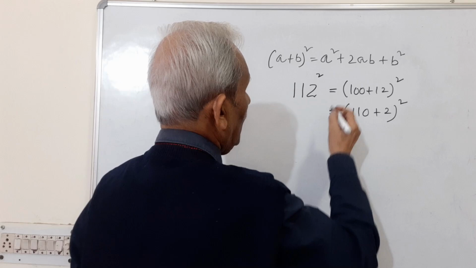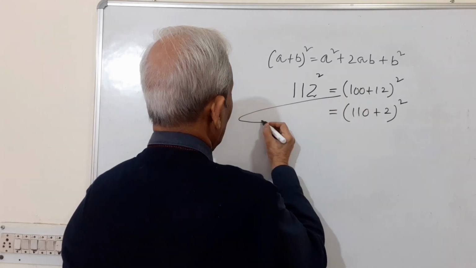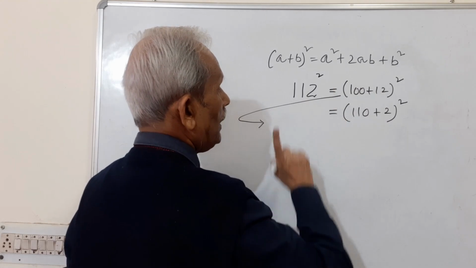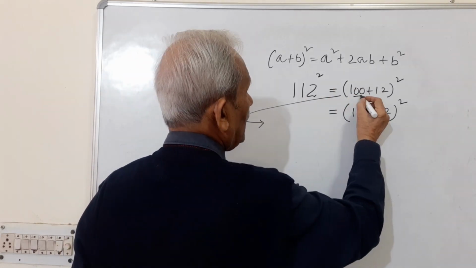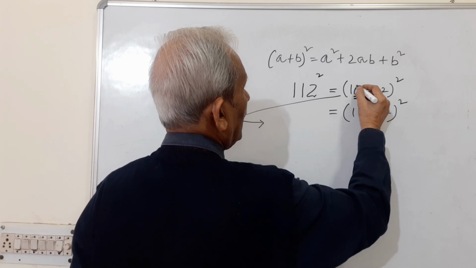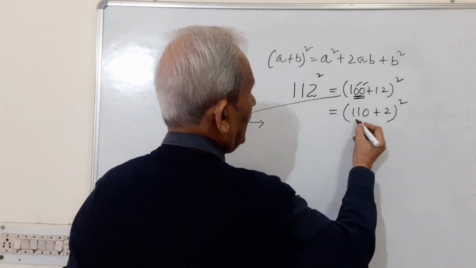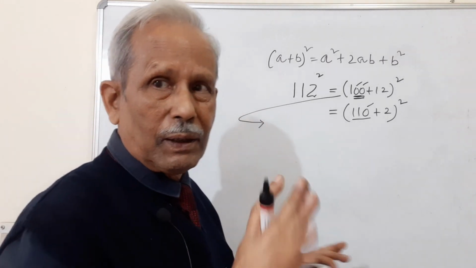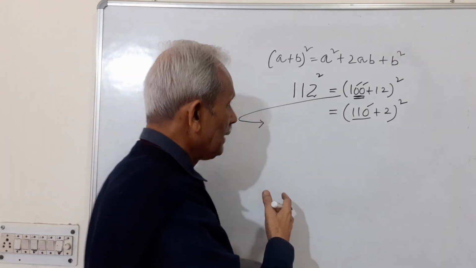Well, so let us first take this one. Here it is 100 plus 12. The difference here is that in the number 100 there are 2 zeros, and here in 110 there is 1 zero. That is the difference, and that will make all the difference while creating the answer.